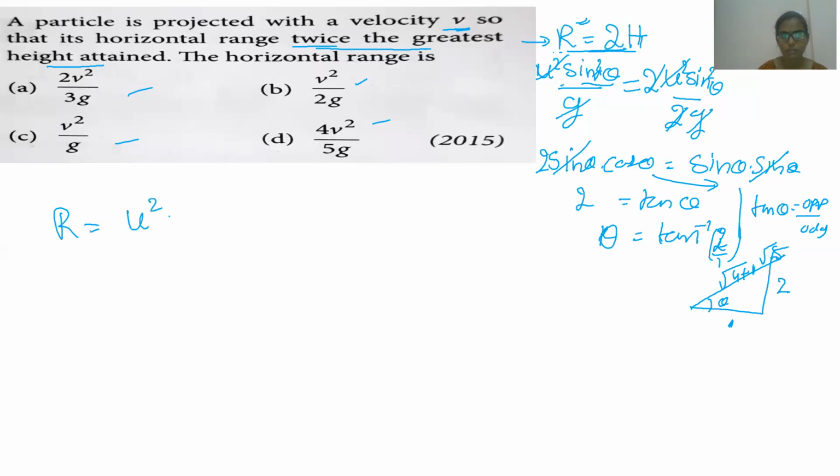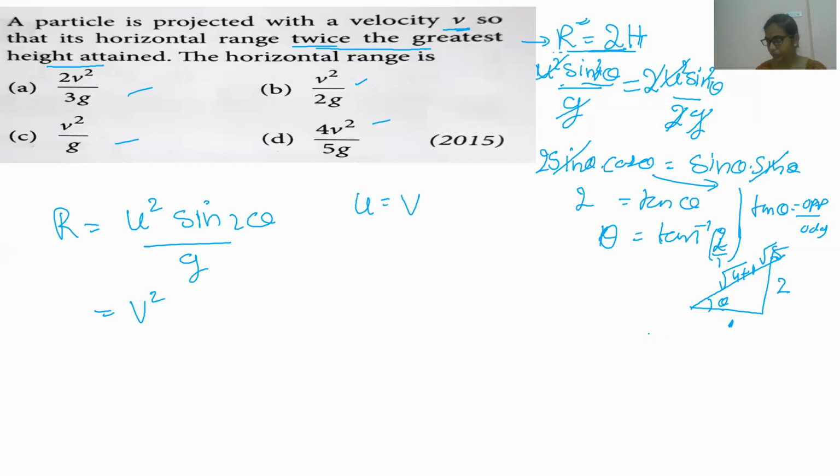The formula of range is u square sine 2 theta divided by g. This is the formula of range. Here in place of u they have given v. So substitute v square, and sine 2 theta we want. Sine of 2 theta we find. So here, sine theta is how much, children?